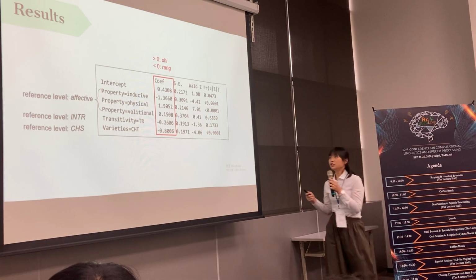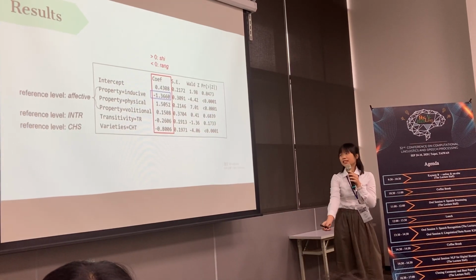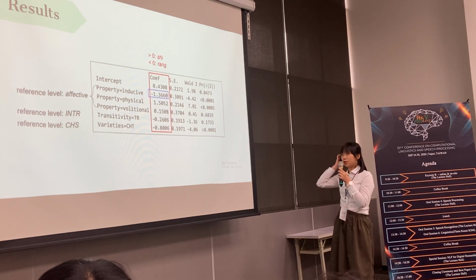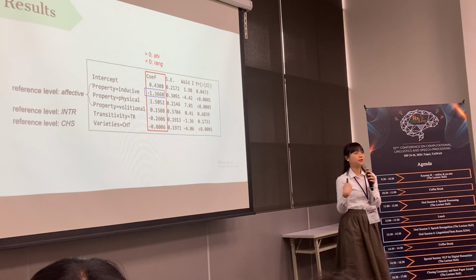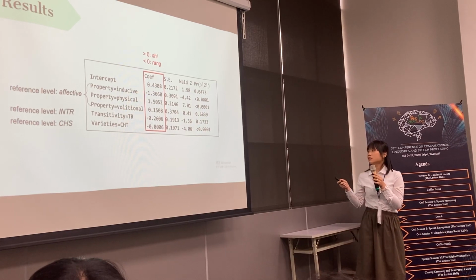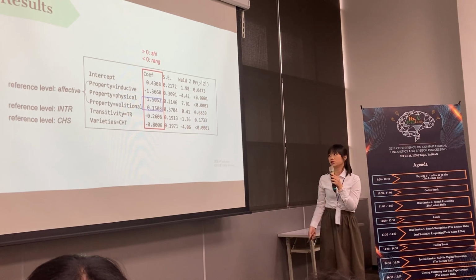Let's first look at the property. We can see that among the properties, only inducive causation favors the use of 让. Physical and volitional causation favor the use of 使.